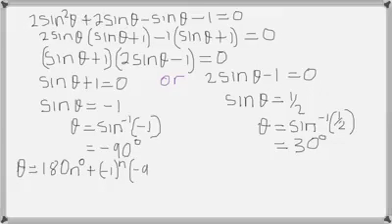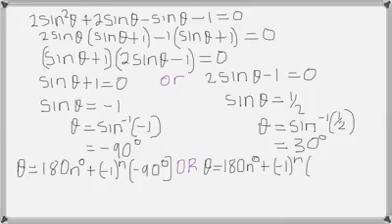Now the general solutions to these equations are as follows. For the first equation, the general solution is theta equals 180n degrees plus minus 1 to the power n multiplied by minus 90 degrees, or theta equals 180n degrees plus minus 1 to the power n multiplied by 30 degrees.